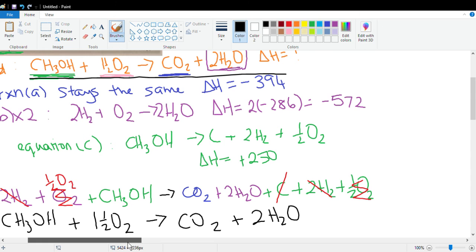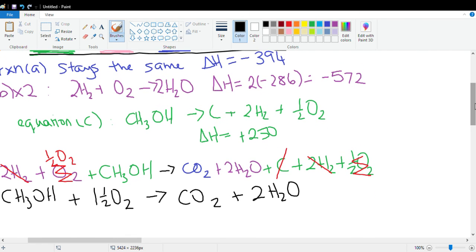Now the last part of this is working out the delta H value for that. We added together reactions A, B and C to get our balanced equation, so we're going to add together the delta H values now.